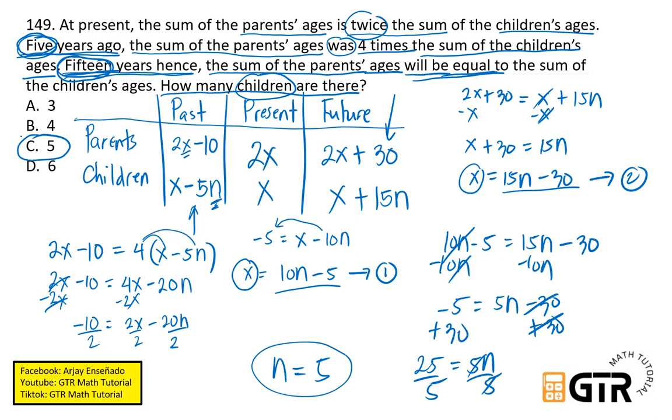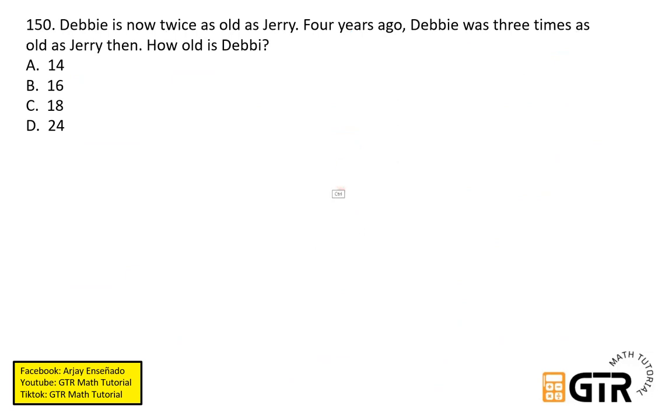Okay? So last number for this video, number 150. Okay, so Debbie is now twice as old as Jerry. 4 years ago, Debbie was 3 times as old as Jerry then. How old is Debbie? Okay, so analyze natin. Gawa tayo ng table. Table for Debbie and Jerry.